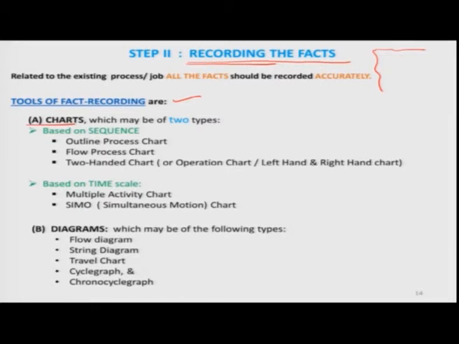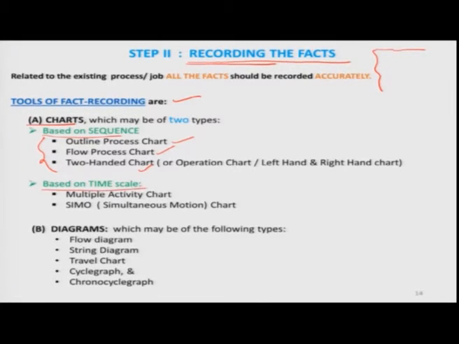First is chart. Chart is a basic tool which may help you in quantification or separation of work in a system. And charts are based on sequence, that is the outline process chart, flow process chart, two-handed chart. These are the variety of charts available in a method analysis in a work system.